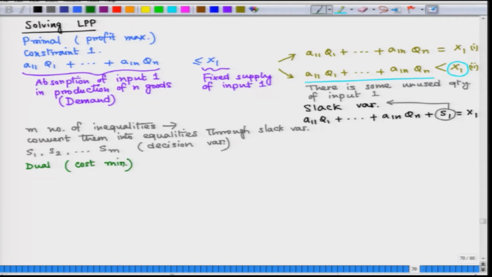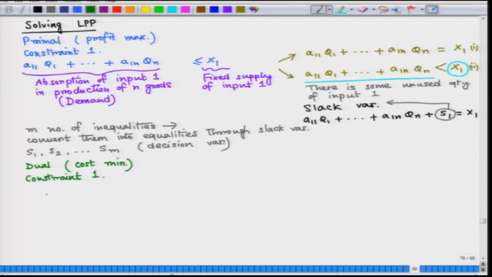Okay. So, again we have linear objective function, but inequality constraints, we have to convert these inequalities into equalities. How? So, we are going to show that only for constraint number 1, okay, and what is valid for constraint number 1 is also valid for constraint number n as well. There are n number of constraints, remember. Okay.